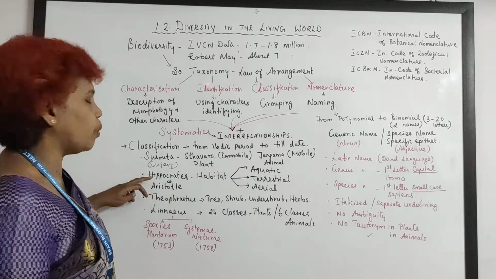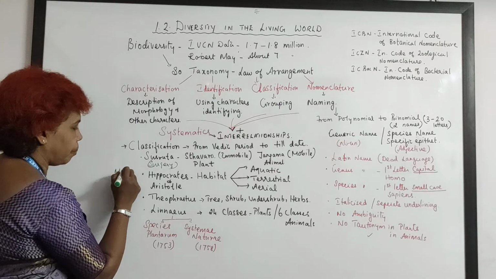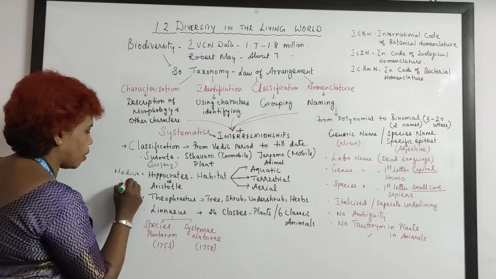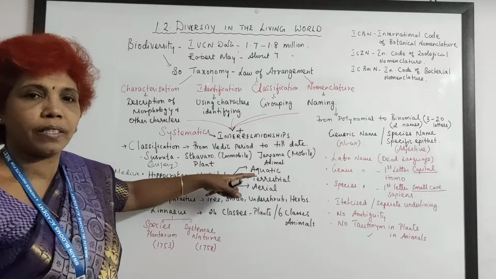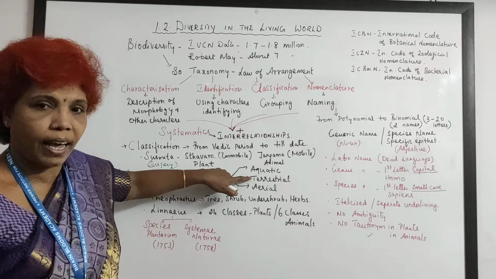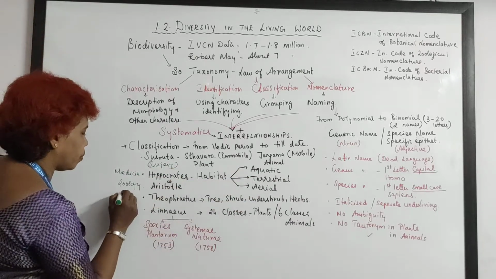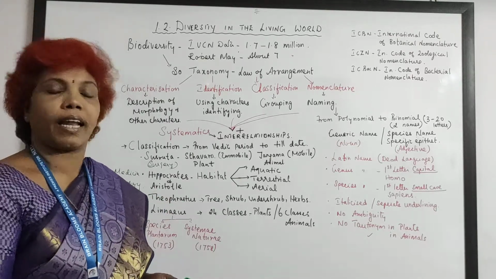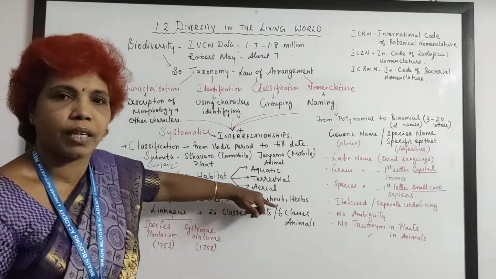After that, Hippocrates, father of medicine, and Aristotle, father of zoology, classified animals on the basis of their habitat: aquatic, terrestrial, land, and aerial, birds.